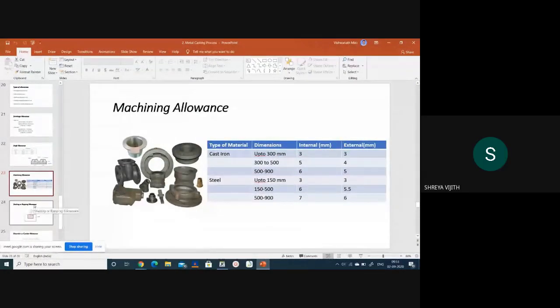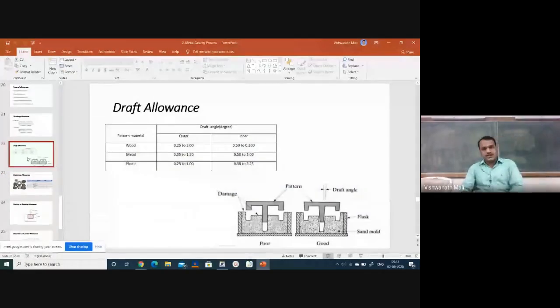So the drafting allowance is also material based. Yes, the drafting allowance is material based, and it is also length based. Depending on how much the length is, the drafting allowance may change. It is 1 to 3 degrees. If the length is, suppose, 50 mm, then we give 1 degree.